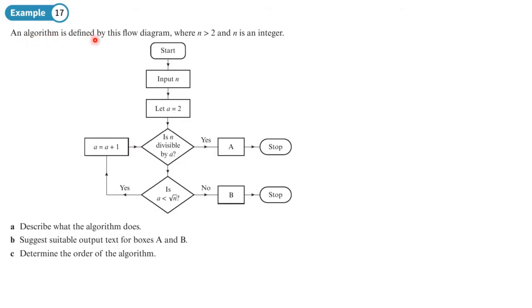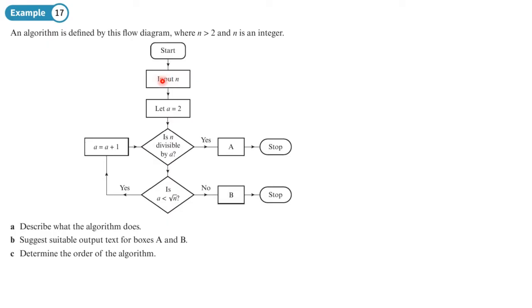We've got an algorithm that's defined by this flow diagram here, and we need to determine what the algorithm does. So we could just input lots of different numbers to see, but let's have a look through the flow chart and see if we can work out for different values of n what happens to those numbers, where do they end up.